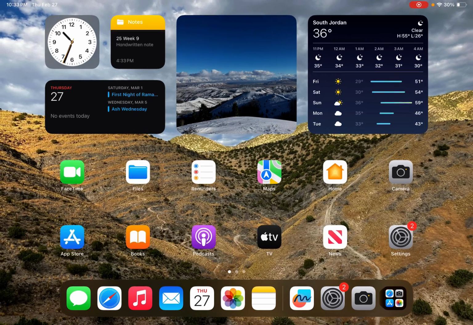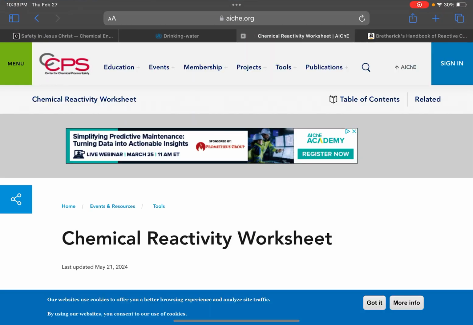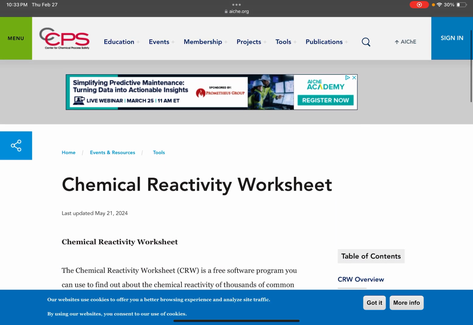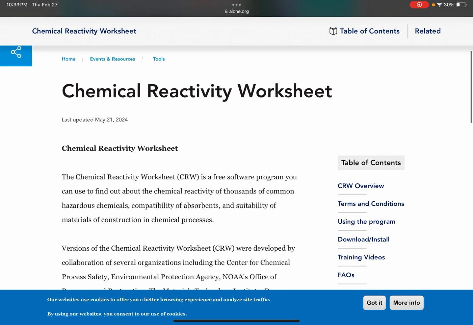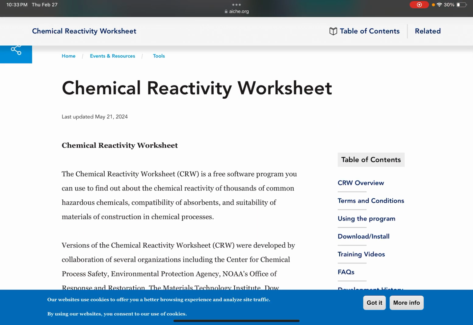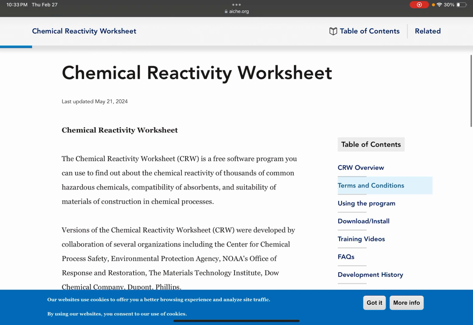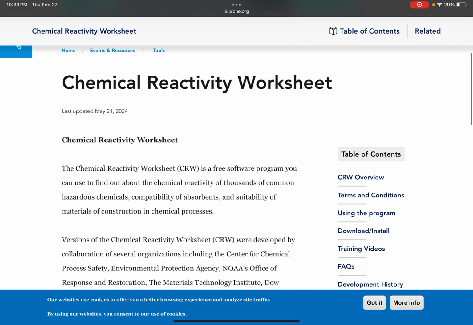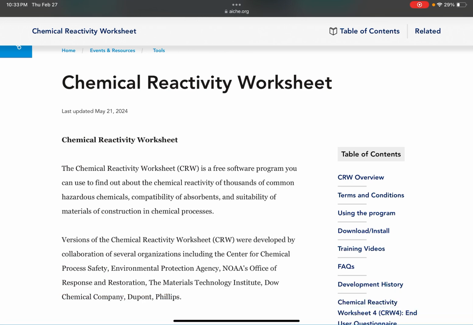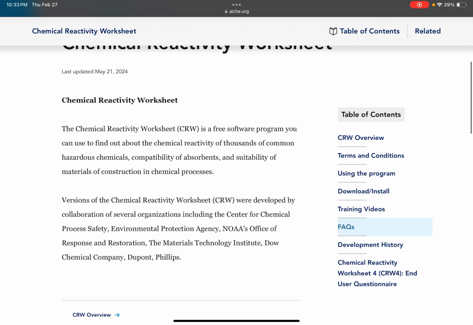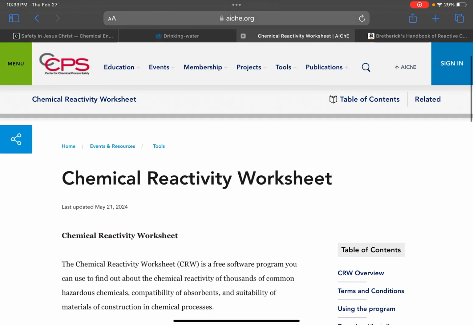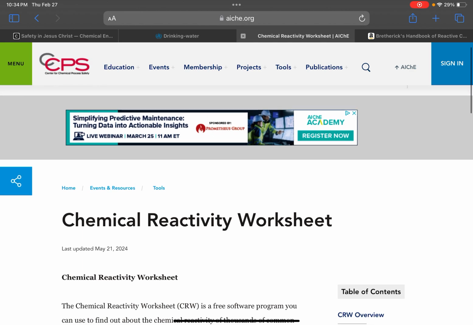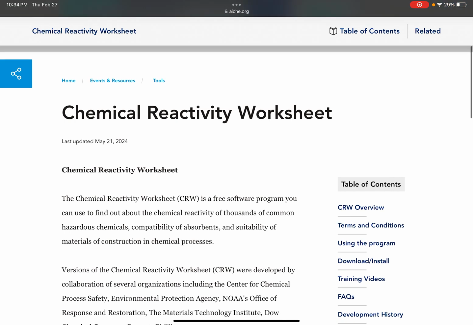And this chemical reactivity worksheet was initially put together by the government with the EPA, and AIChE has ownership right now, and you can get it for free. It's best with Windows machines, but you can download and install right there.